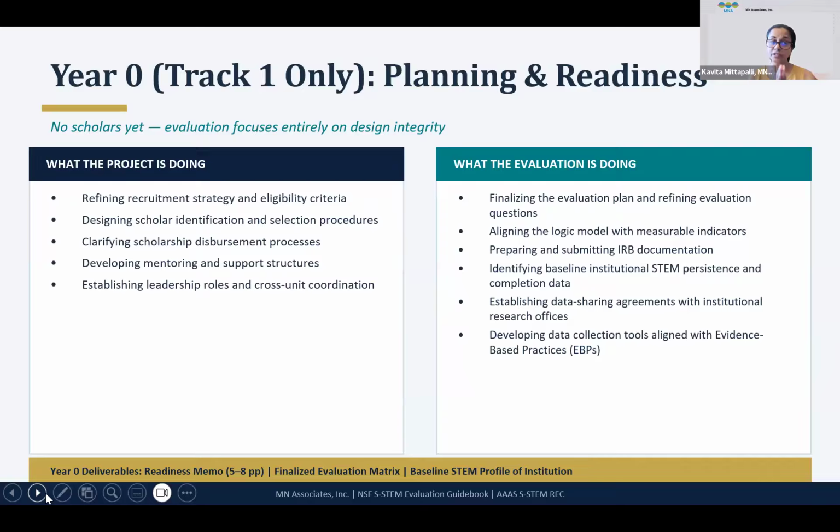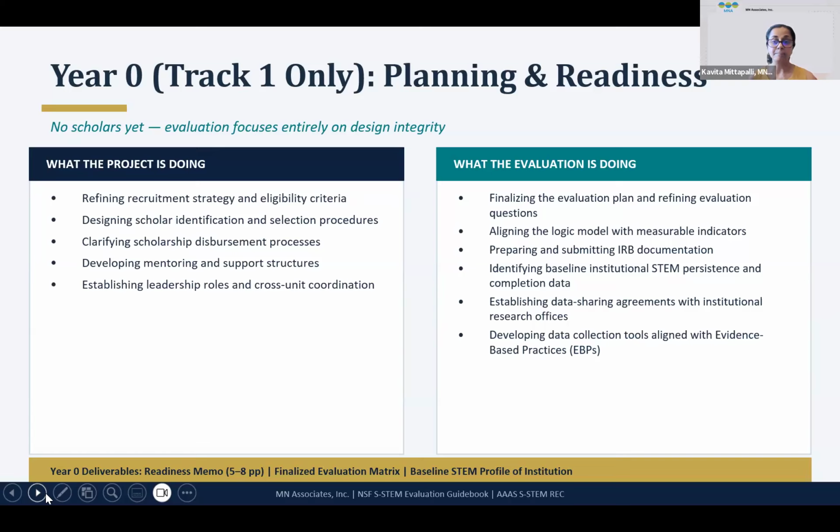Importantly, they're also completing the IRB, the Institutional Review Board, forms. They're developing tools and instruments, and checking out the most appropriate EBPs, evidence-based practices, for their project. As I mentioned, they're also aligning the logic model to measure the indicators.